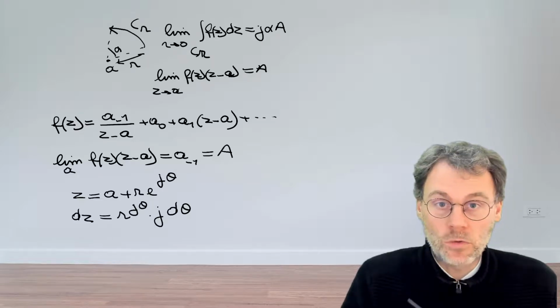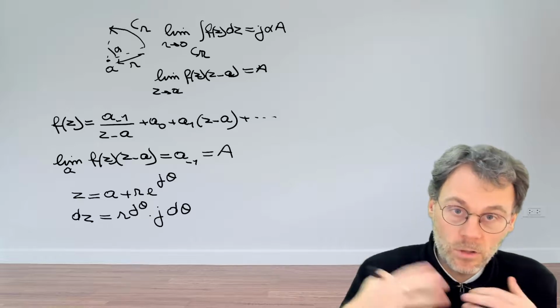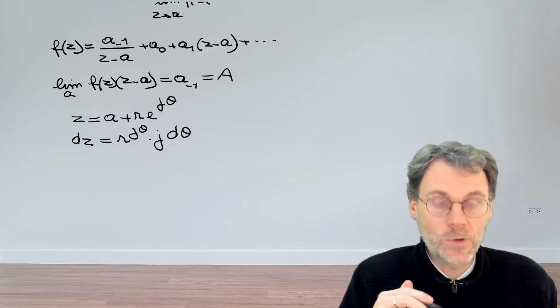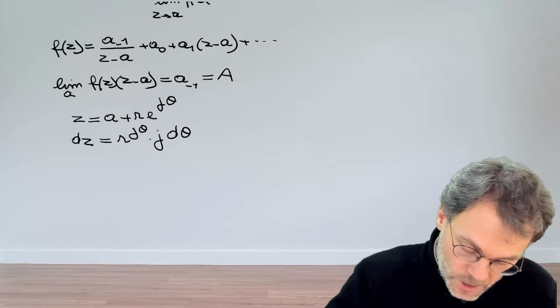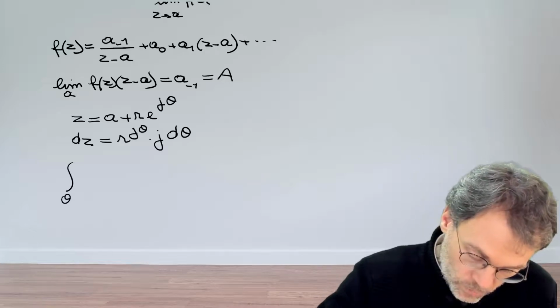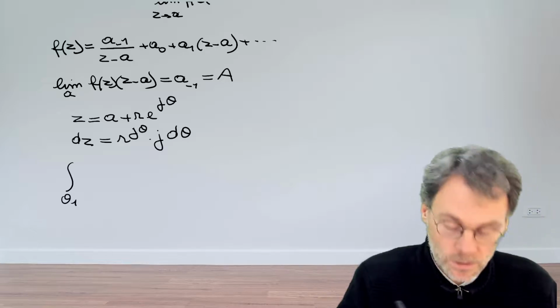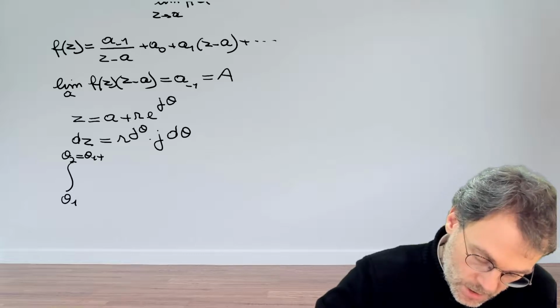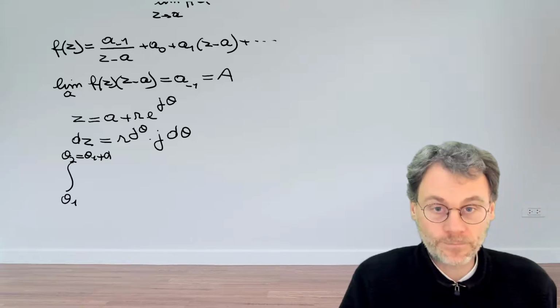Right, so now we have all the ingredients that we need to calculate that integral and then perform the limit operation. So let's see what happens. After parameterization, this becomes a real valued integral from a certain angle theta 1 to another angle theta 2, which is just theta 1 plus alpha.